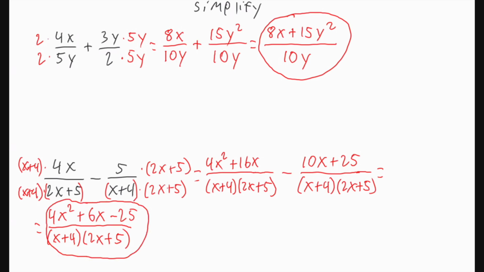Now, technically, usually we say the bottom is not fully simplified because there are multiples there. We've got the factors, and so we could multiply those out.